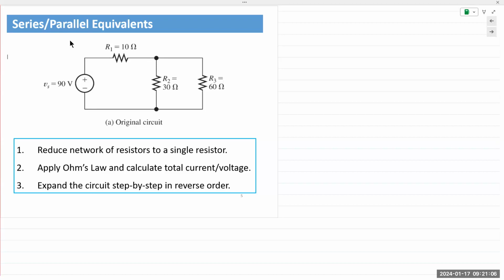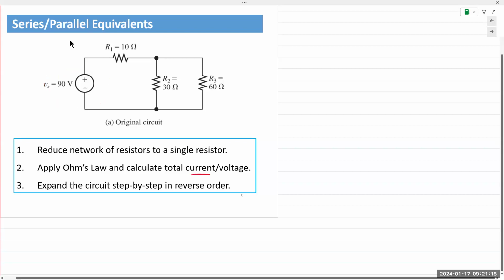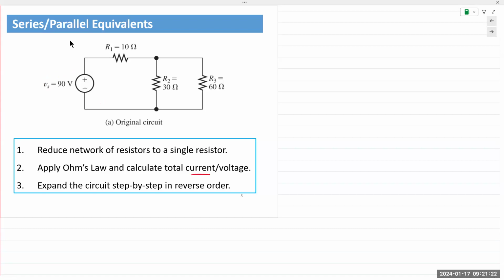If you are given a current source, then you find the total voltage in the circuit. Right here in this example, we have a voltage source. Once you have that value, you expand the circuit back up in the exact reverse order, and you can find values for the voltages and currents for every single element or every single resistance.